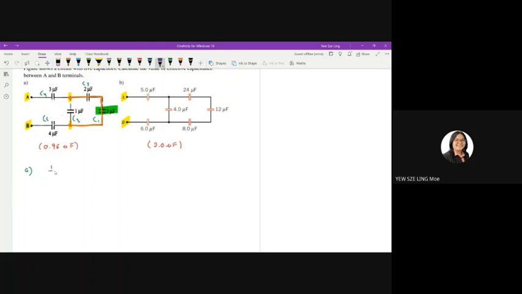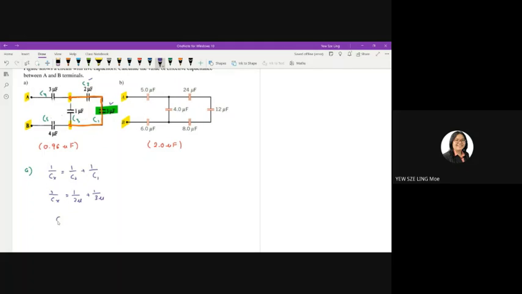So I have 1 over CX equals to 1 over C2 plus 1 over C1. They are being connected in series. So if I simplify it, I have 1 over Cx equals to 1 over 2 microfarad plus 1 over 3 microfarad.